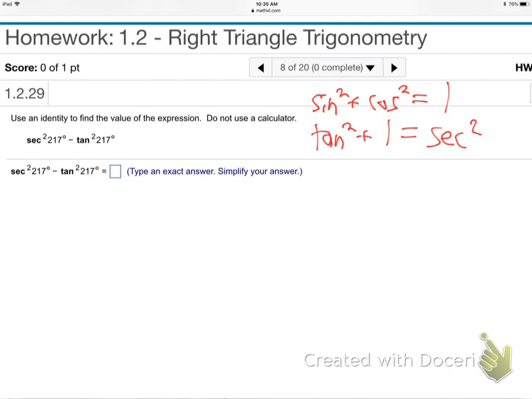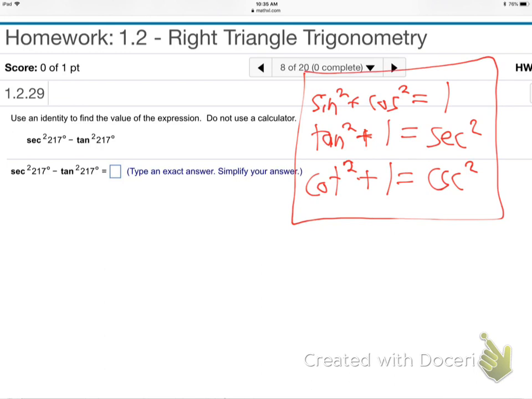And you might need a third one, so let me write it down just in case. Cotan squared plus 1 is cosecant squared. So you can put those on your 3x5 card. I'll give reasons why they're true later. For now, we'll take it kind of blind. They are true. We'll learn why later.